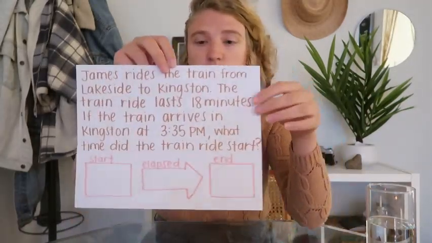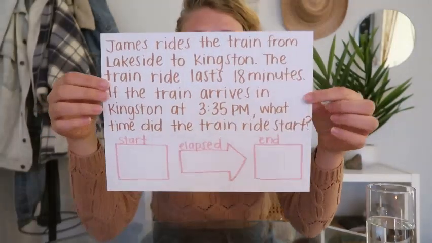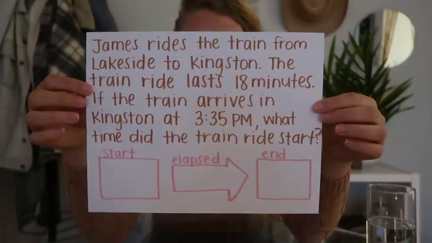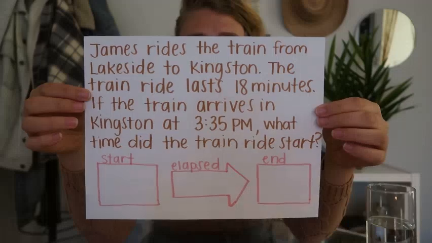The last problem we have, and I'm gonna read it, says, James rides the train from Lakeside to Kingston. The train ride lasts 18 minutes. If the train arrives in Kingston at 3:35 p.m., what time did the train ride start? Okay. There it is if you wanted to read it and see it again.